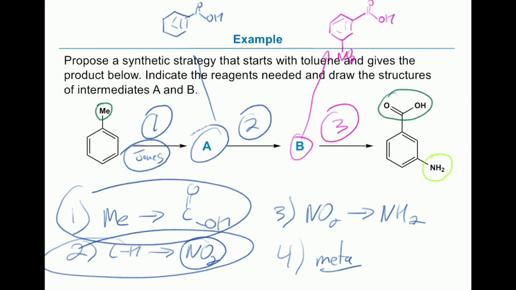So then we come in with number 3. Now we'll do the reduction. This would be something like palladium with hydrogen, right? That's a reduction step. And this is one of those ones that palladium on hydrogen, we can hit something like nitro down to amine. If we push it really hard, we will also chew up something like the carboxylic acid, but that is why we use, remember, what is the reagent we usually use to kill a carboxylic acid? Back to something like a methyl. Not a base.